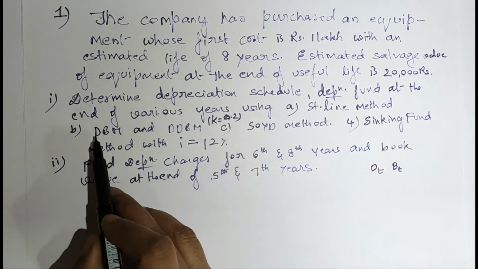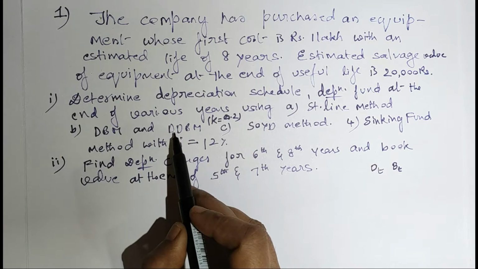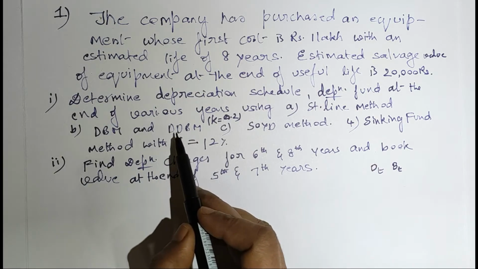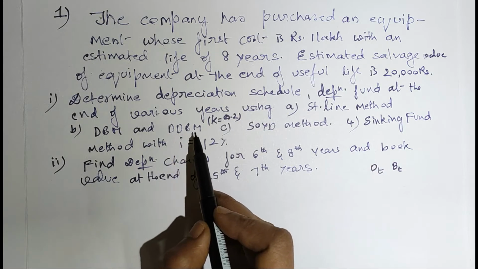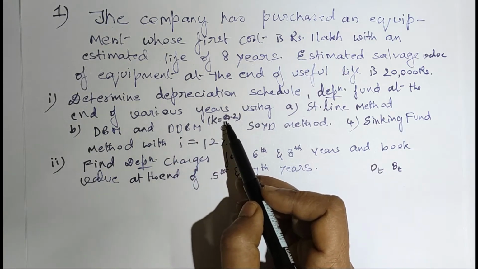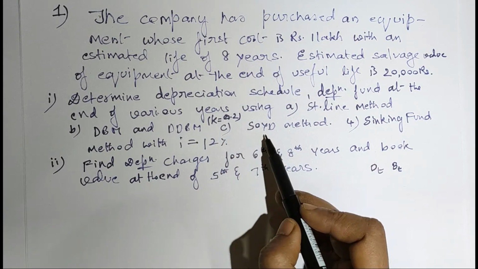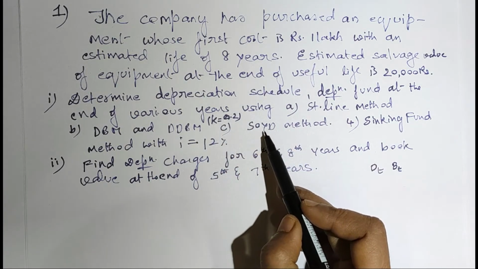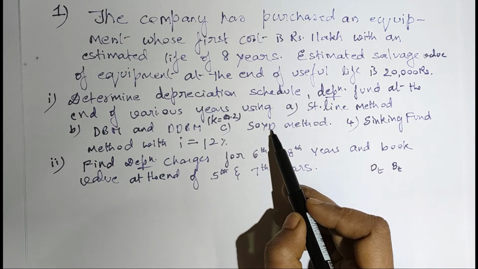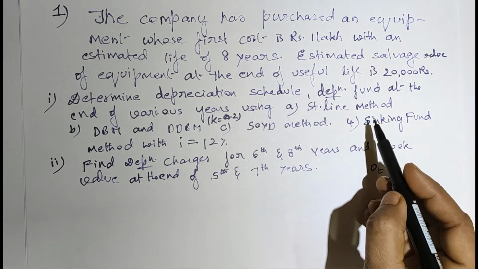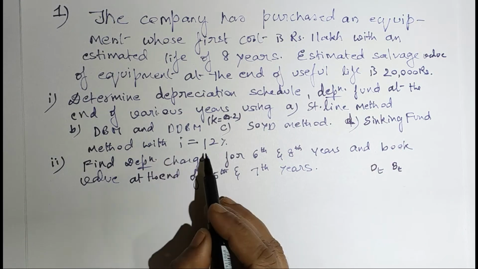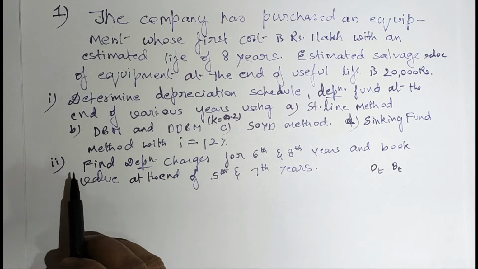There are two D's here, there is only one D. Double D stands for double declining balance method or double diminishing balance method, where K equals 0.2; C, SOYD method, sum of years digits method; and D, sinking fund method with i equals 12%.